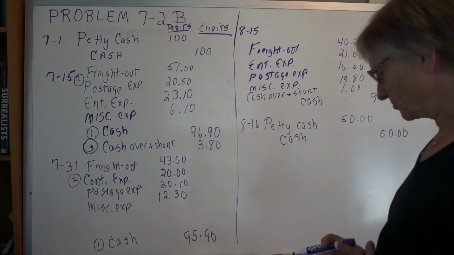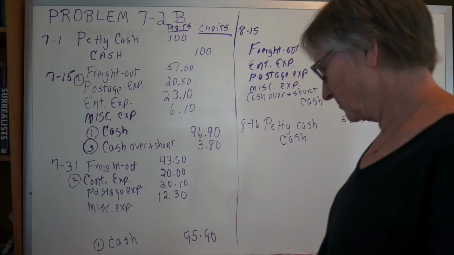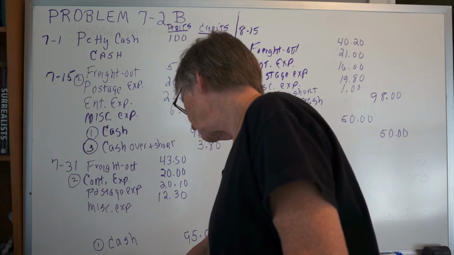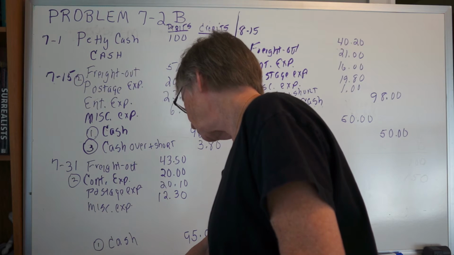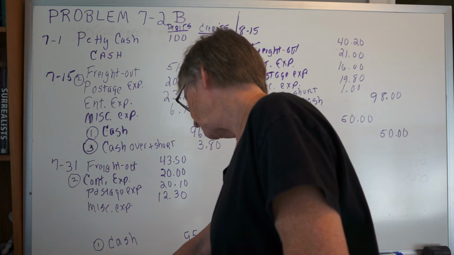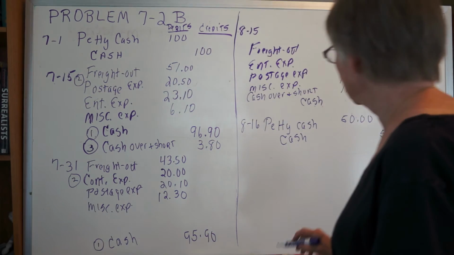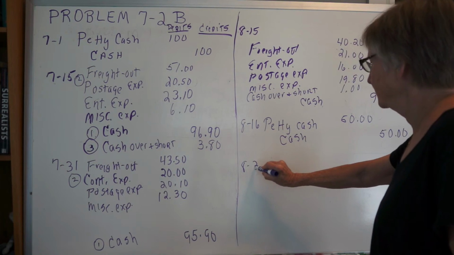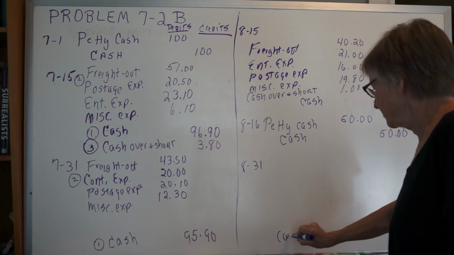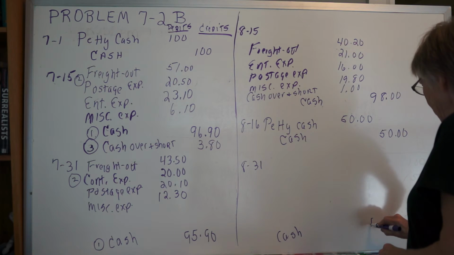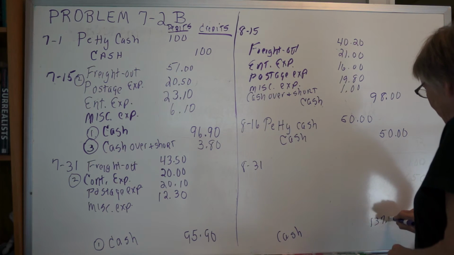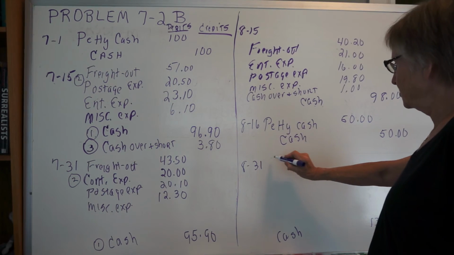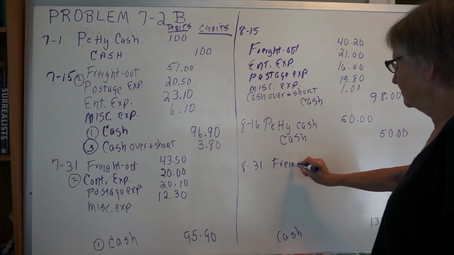Okay, so now when we go to replenish it, let's go through the same procedure. They replenished it by writing a check for $137. Okay, so this is on 8/31, so it's cash 137. And you notice that we're trying to get it back up to 150. And so then we do our freight out.